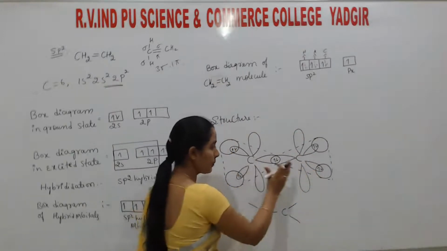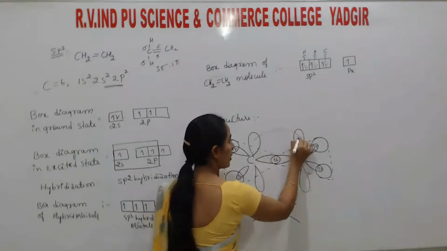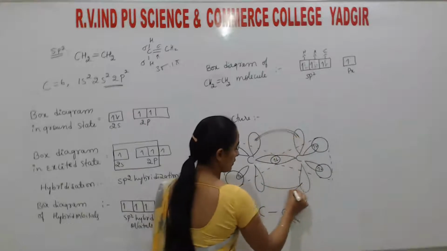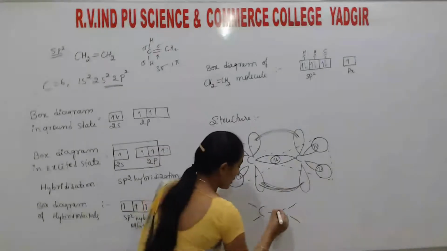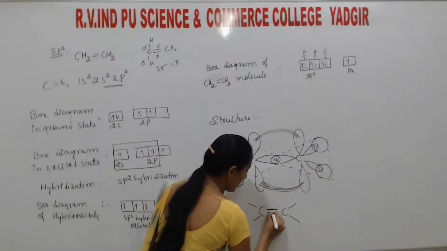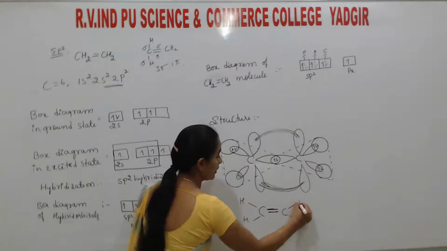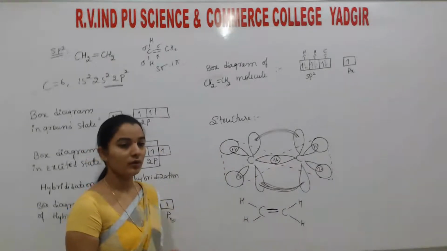Of course, these are p orbitals. Sigma bond is already formed. They overlap sideways. When they overlap sideways, they form another bond called a pi bond. Then this is the structure of the ethene molecule.